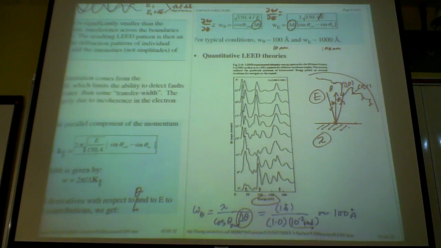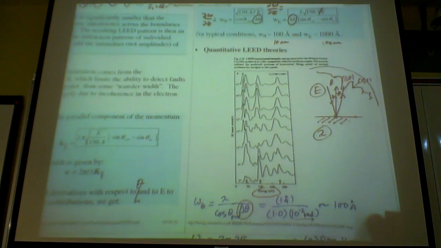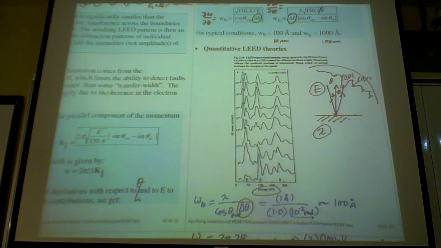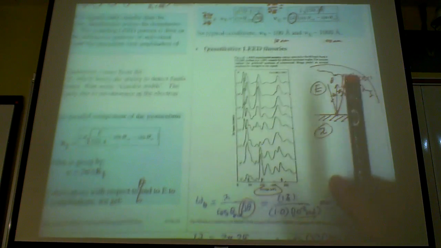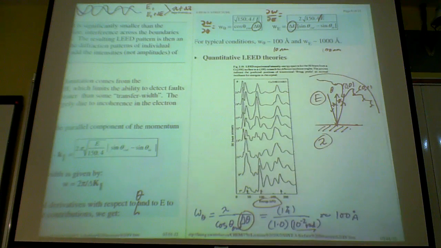Okay. Now I said earlier on we have been talking about qualitative LEED diffraction phenomena. You can actually do quantitative measurement, which I don't go into too deeply because a lot of people don't do this quantitative LEED study.